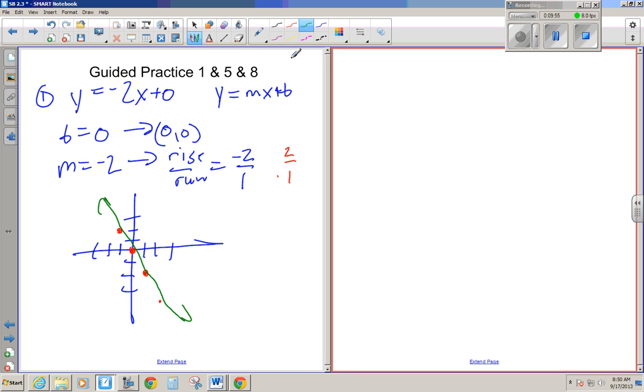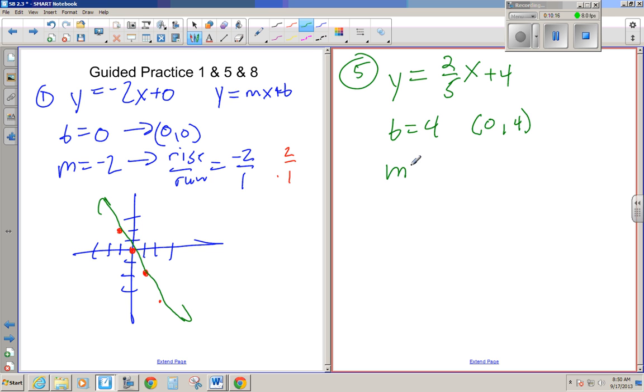Let's try number 5. 2/5 x plus 4. B equals 4, therefore y-intercept 0, 4. M is 2/5, therefore the rise is 2, the run is 5.